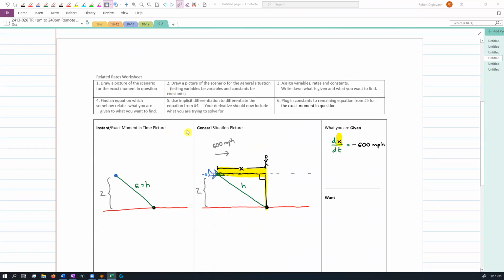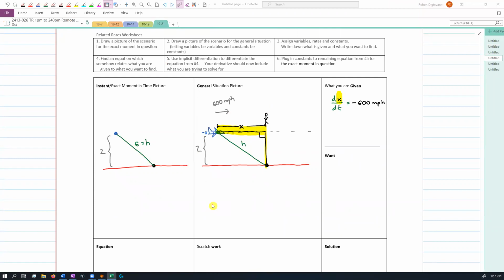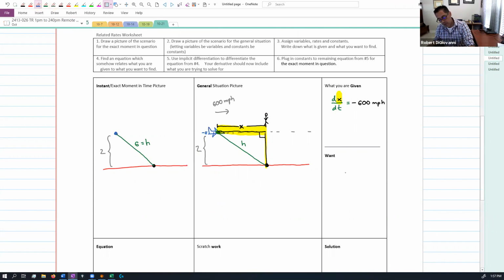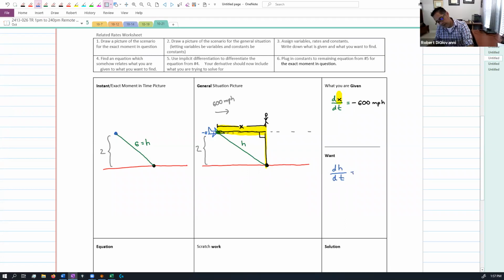Yes. Okay, so what variable in this picture represents the distance between them? H. So you want to know how fast H is changing, right? Yes. So you want me to write here what? You want dh over dt? Yep, exactly.